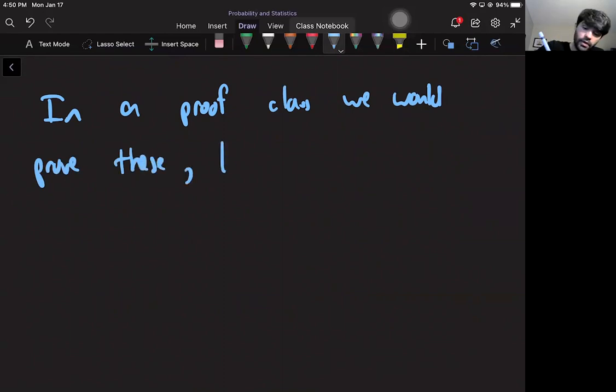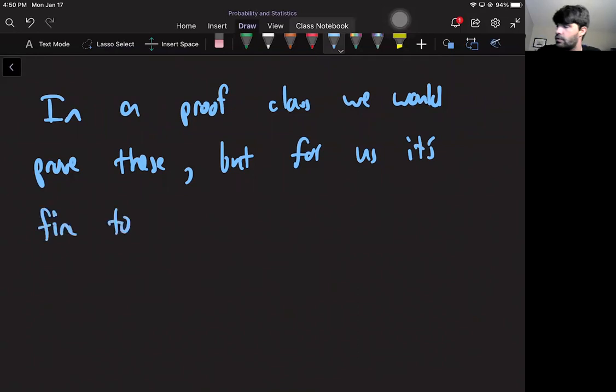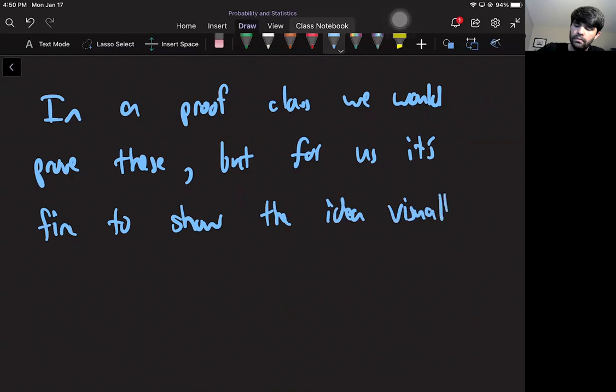But for us, we're just going to say, okay, it's fine to just show the idea visually. And what we're going to do is use Venn diagrams to do that.